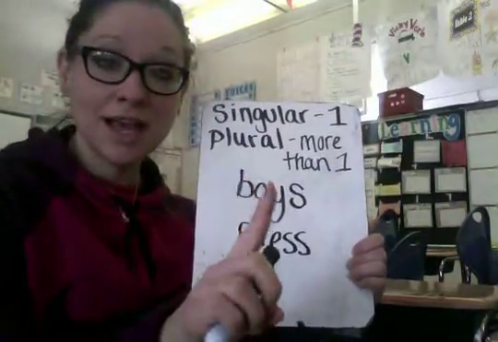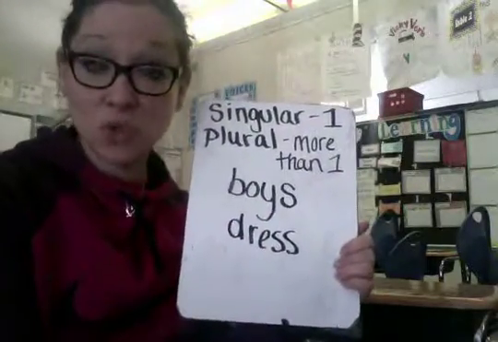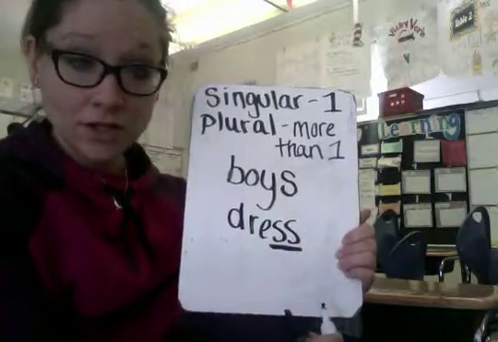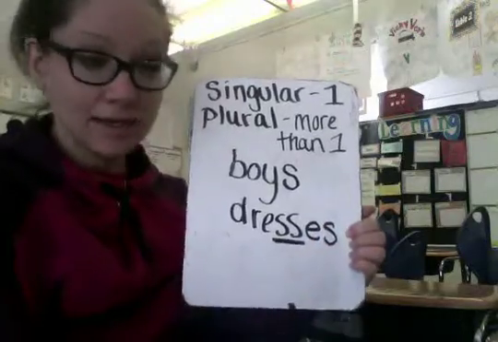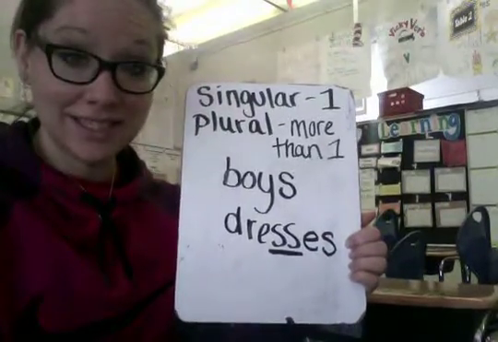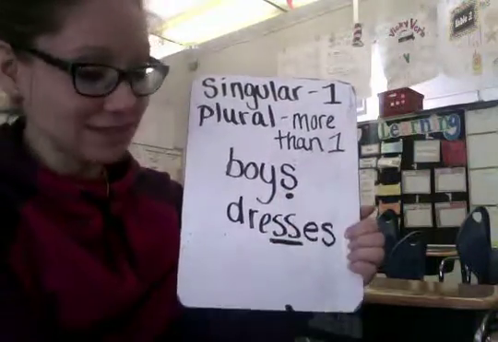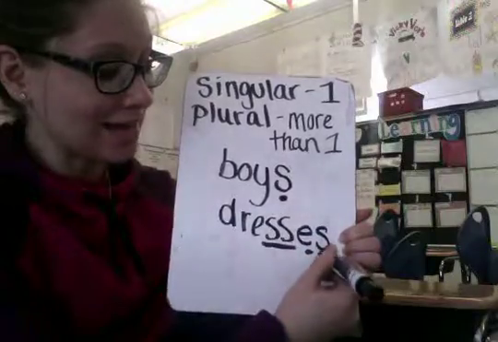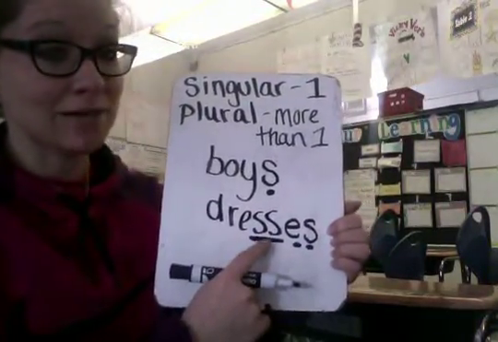That's one dress. But if I wanted to say there were a lot of dresses in the store, there's already a double S here. So now I'm going to have to add ES to make it say dresses. So one of our rules is to add an S for most of them, but sometimes we have got to add ES to the end if it ends in a certain combination.